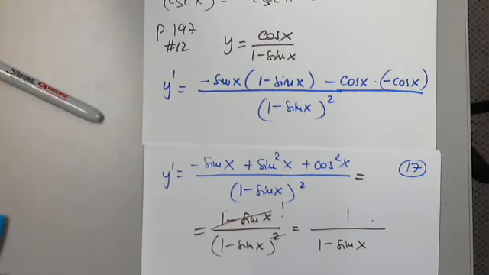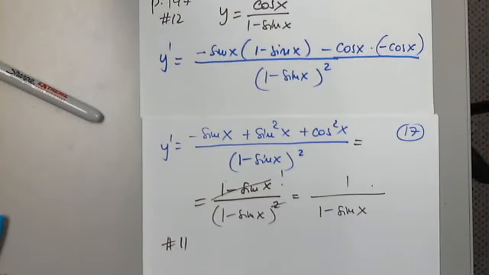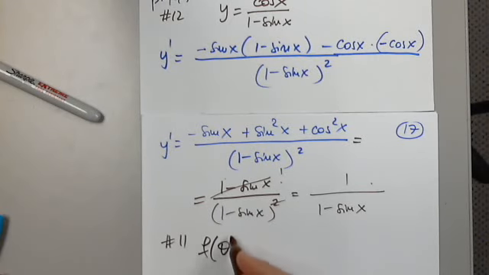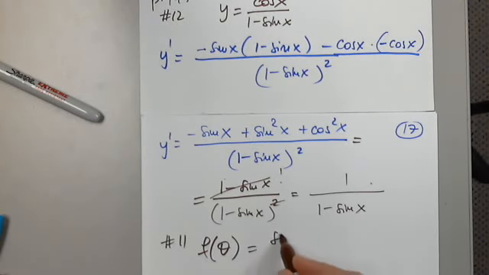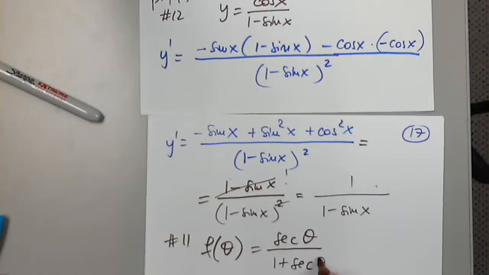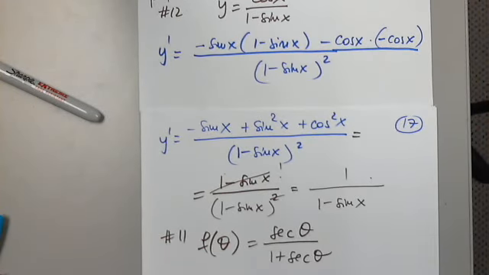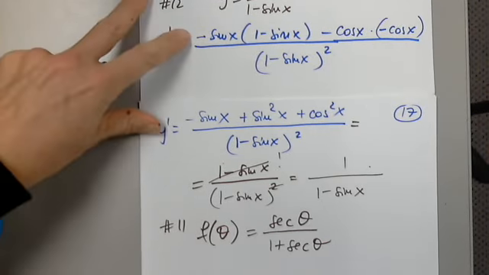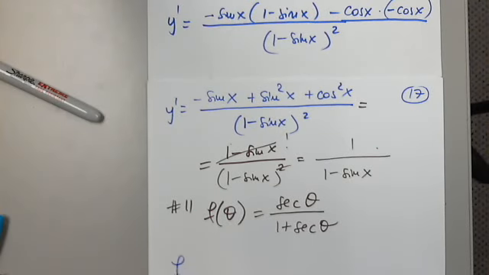Okay. So I think we should practice one more. Let's say 11, same page. We have f of theta equals secant theta over 1 plus secant theta. We're asked the same question, to find f prime of theta. It's a quotient, and we cannot change that.